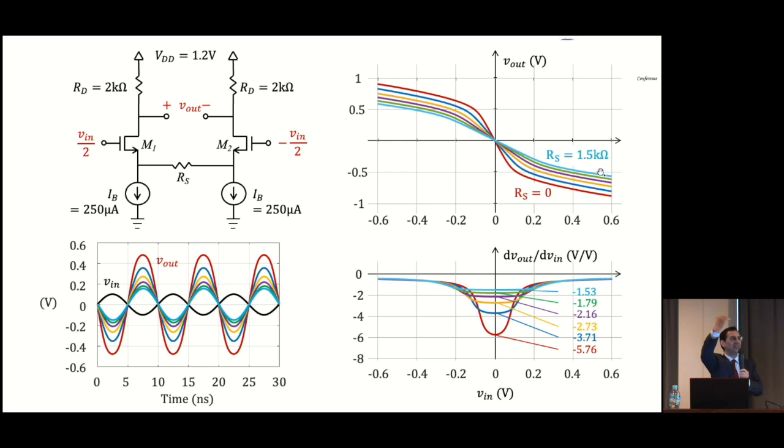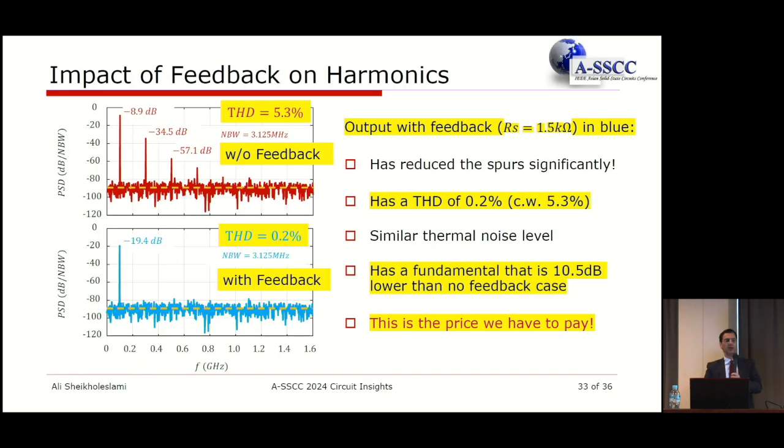And you can see that automatically, as I increase RS, I'm reducing the nonlinearity. In terms of input-output waveform, input is a 100 millivolt signal, and the output is going to reduce in amplitude as you increase feedback. In terms of the small signal gain, you can see the variation goes lower as I increase feedback. So now let's put this into the spectrum analyzer and see what happens to the power spectral density.